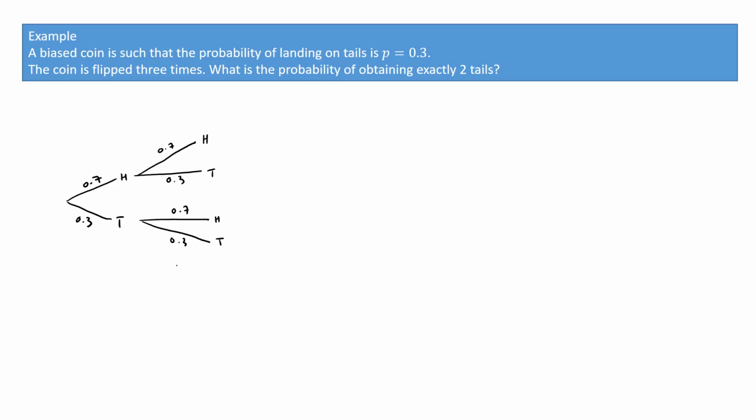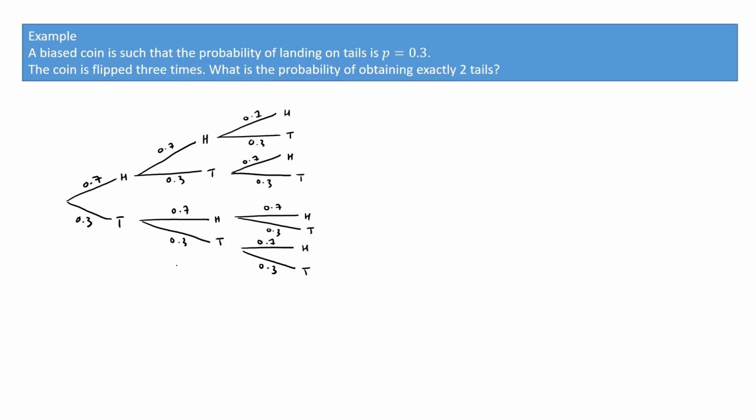And same thing on the third flip. We'd either get heads or tails, 0.7 and 0.3. And there we go.